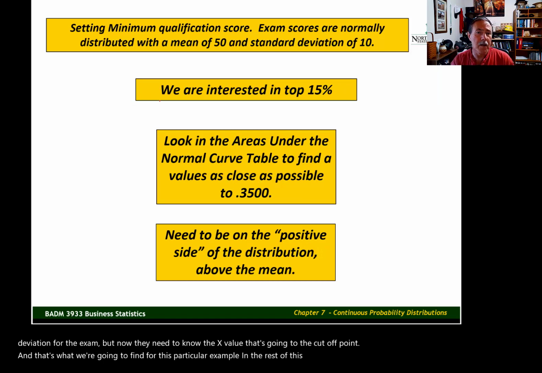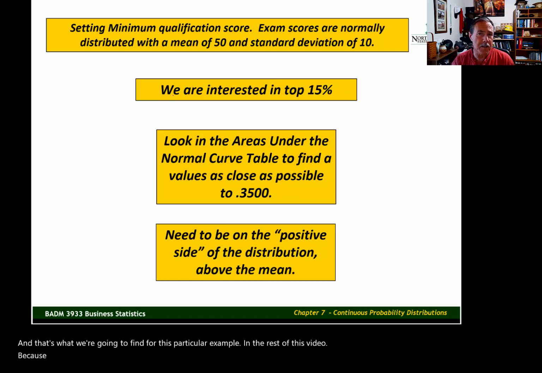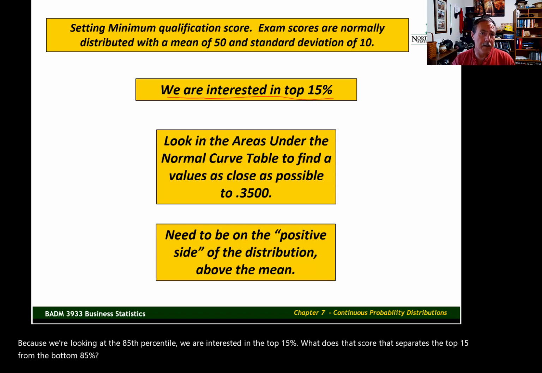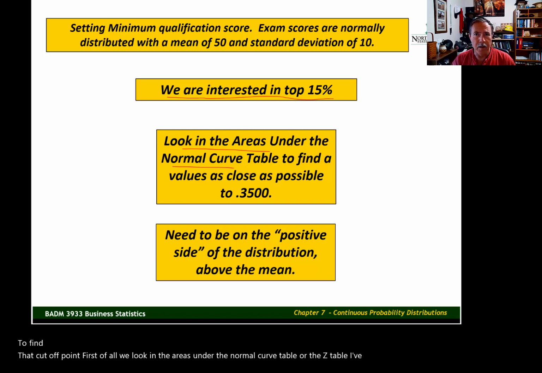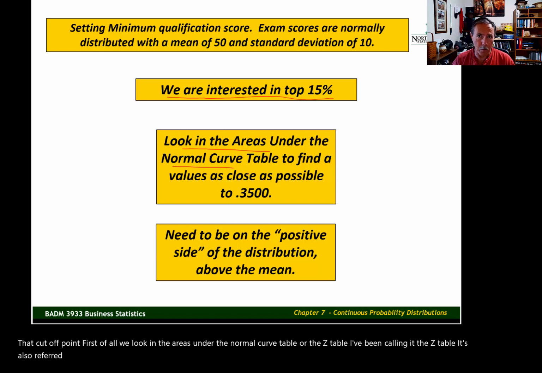Because we're looking at the 85th percentile, we are interested in the top 15%. What is the score that separates the top 15% from the bottom 85%? To find that cutoff point, we first look in the areas under the normal curve table, or the z-table, for a value as close as possible to 0.350.